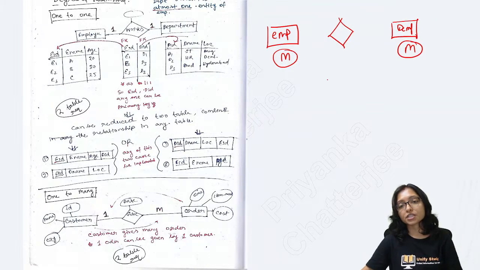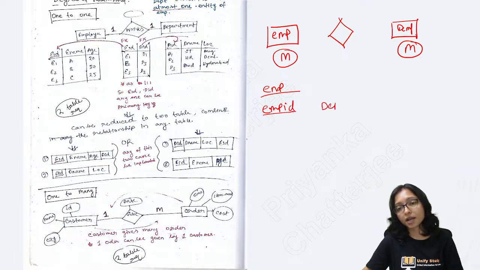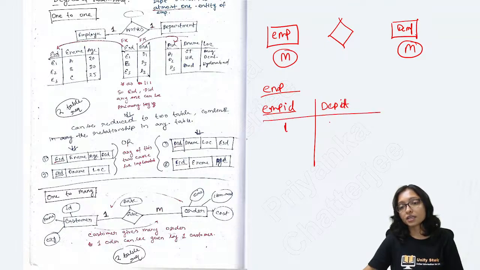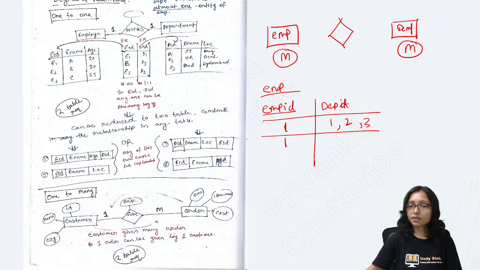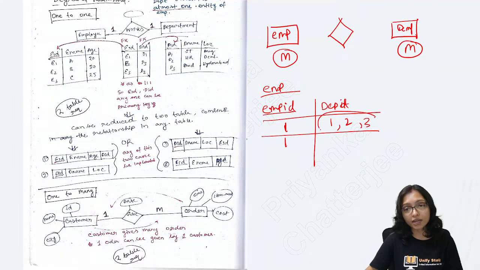Now, for the relationship in the employee table, can I add employee ID and department ID like that? Employee 1 is working in department 1, 2, 3 like that. That means one employee is working in multiple departments, but a multi-valued attribute is not allowed.